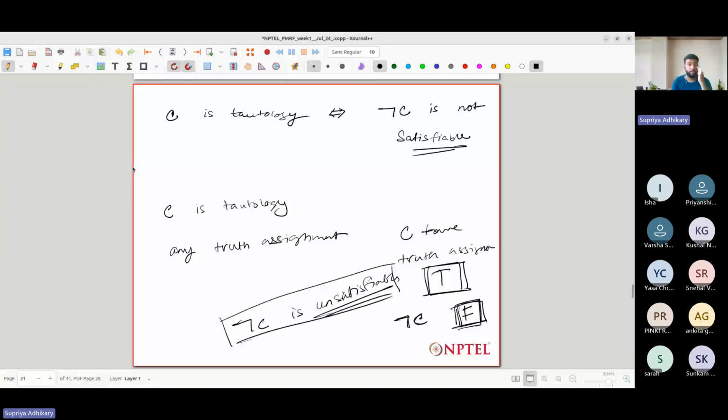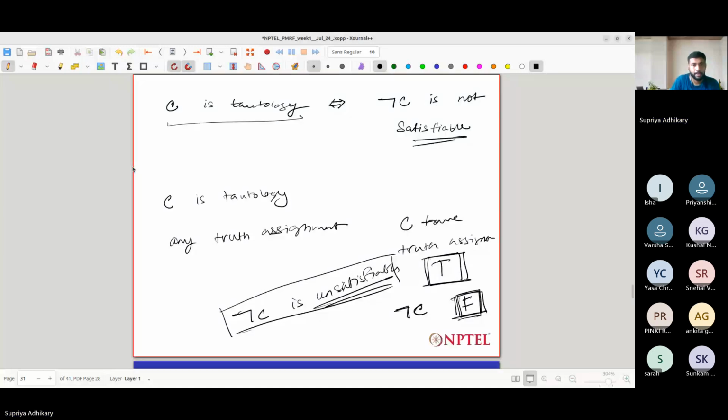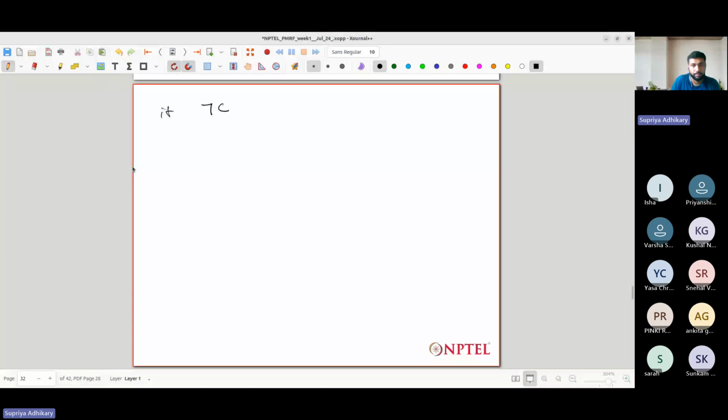So what about the other way around? That means if we say that not C is unsatisfiable, then we have to prove that C is a tautology. So we can put this in a contrapositive manner.